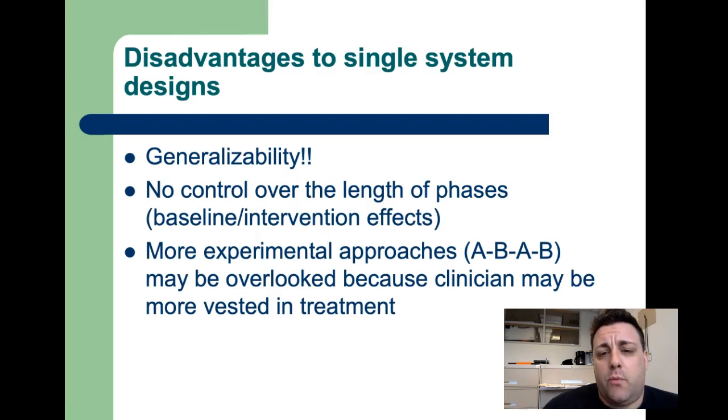The designs with higher levels of validity, like the AB design, or things that are more complicated, are often ignored by clinicians because they bring in these ethical limitations, and clinicians are generally interested in treatment, as they should be.